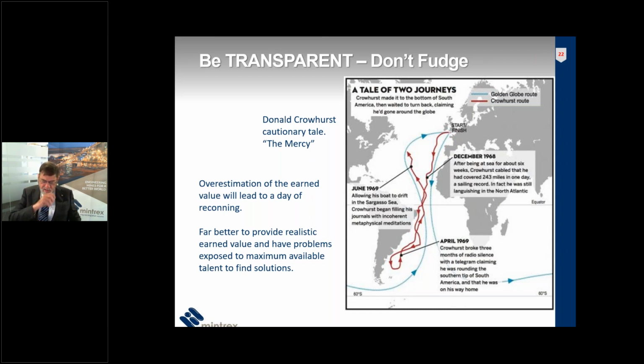and that leads us to the tale of Donald Crowhurst. This is a tale that should be etched in every project manager's memory. It's a tragic tale. It's a story of a race that was organised by a couple of newspapers in the UK in 1968, the year following the Gypsy Moth and Francis Chichester sailing around the world.